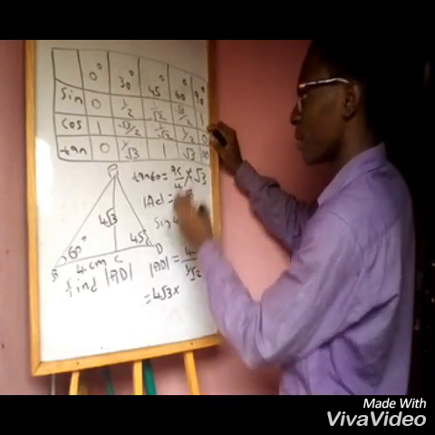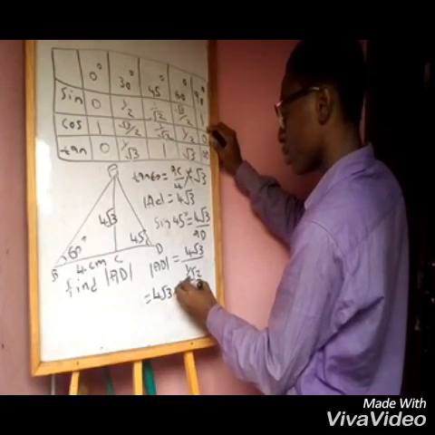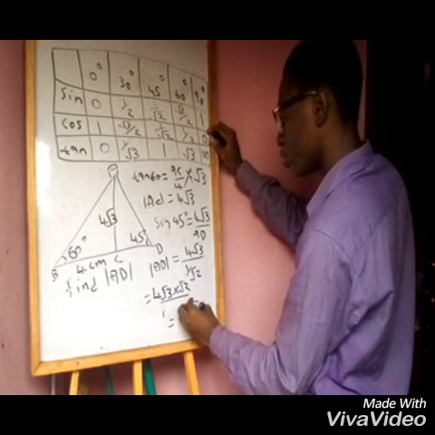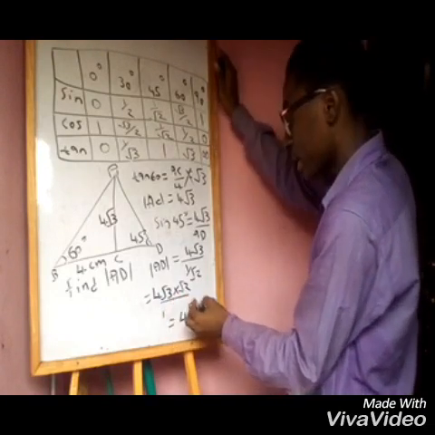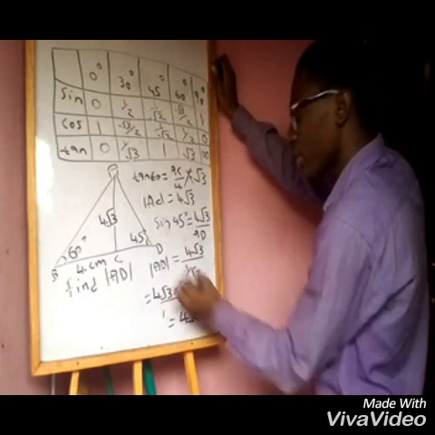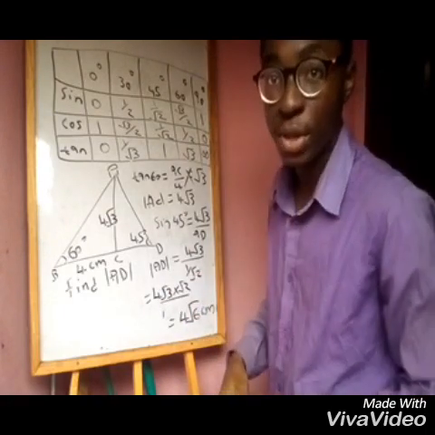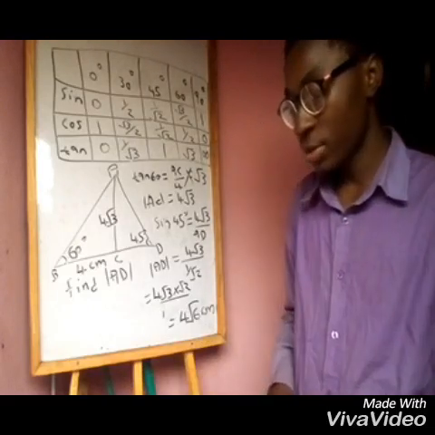Sine 45 is 1 over root 2. That would be 4 root 6, and then we'll add our unit, which is centimeter. 4 root 6 centimeters. So that's how to use trigonometry to solve triangles, not just triangles, but right angle triangles.